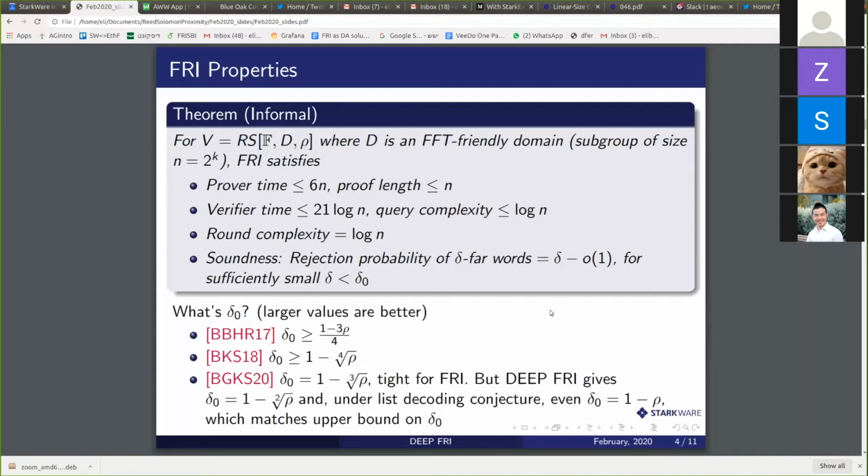Okay, so basically, there are two things in the results that I'm not mentioning here. One is what is the field size that you need, and the second is what is the number of tests for target security, the number of repetitions of this query protocol.